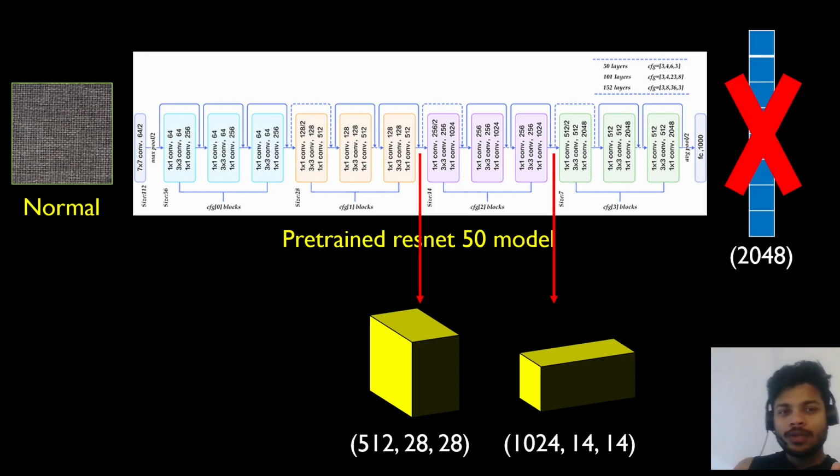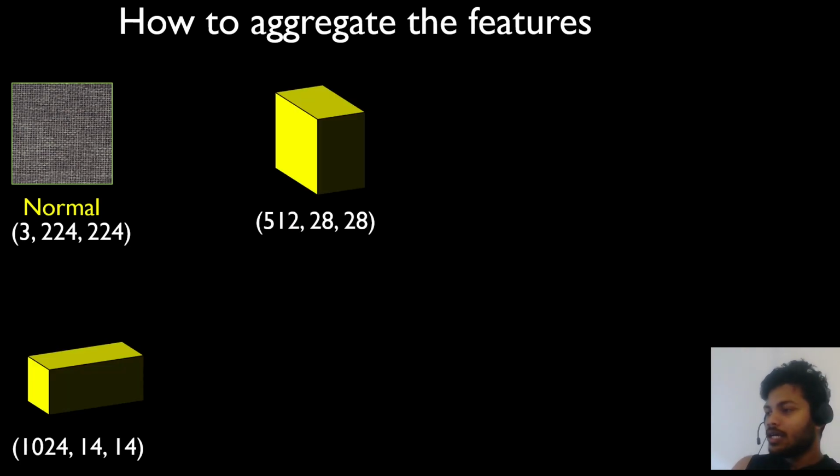But now the problem is, how are we going to use this? They do not even have the same dimension. So in the next step, our goal is to aggregate these features to have a similar size. We get our normal data, and using the ResNet, we get features from two different steps, after the first layer and after the second layer.